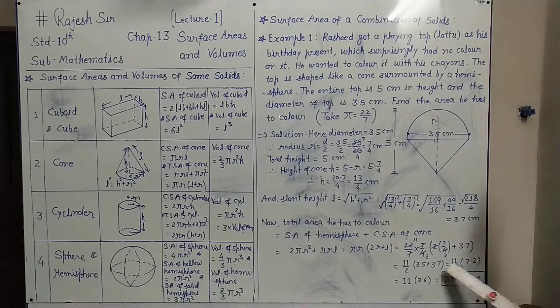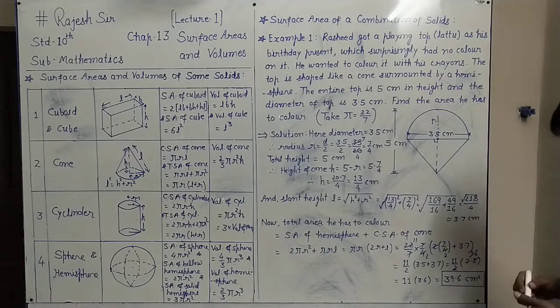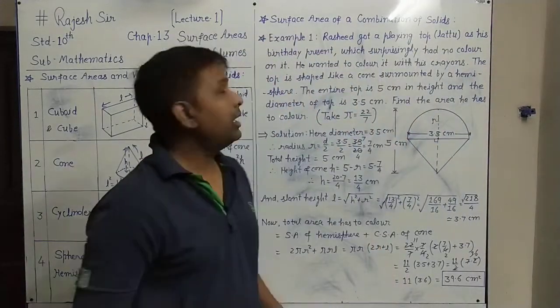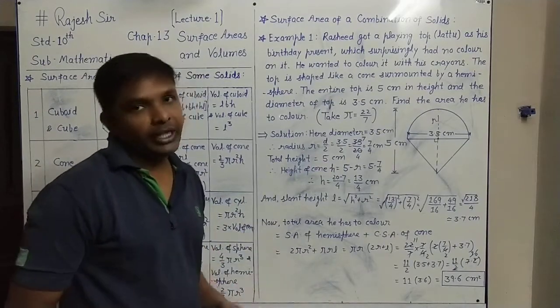So it is 11 by 2 times 7.2. Cancelling 2, 7.2 by 2 is 3.6, so 11 into 3.6 gives 39.6 cm square. That is the area that Rashid has to color on the plain top.